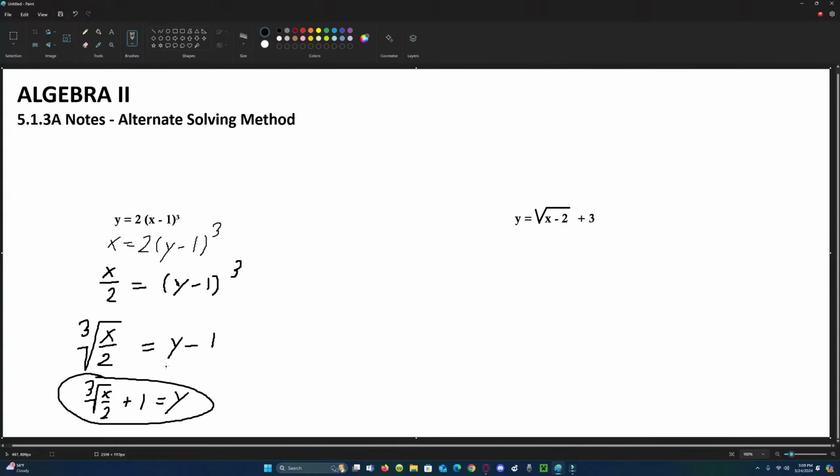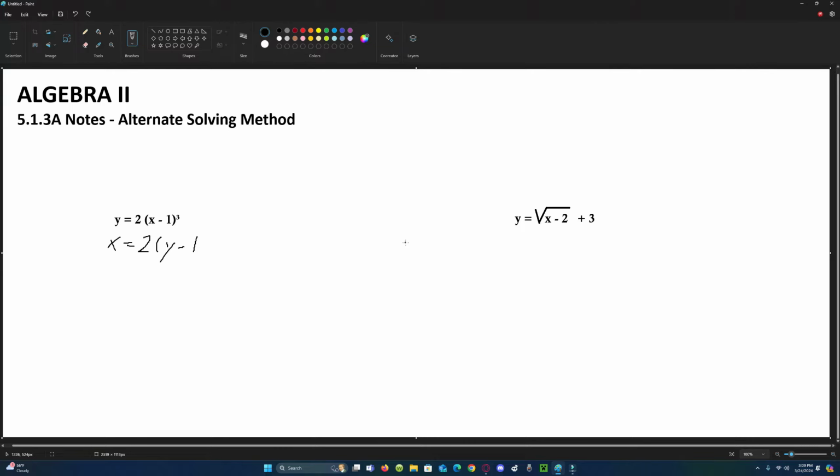If you have looked at my last tutorial on finding inverse functions, this does make sense as being the answer.